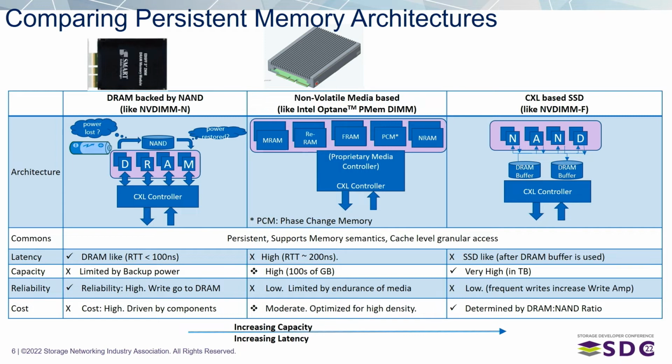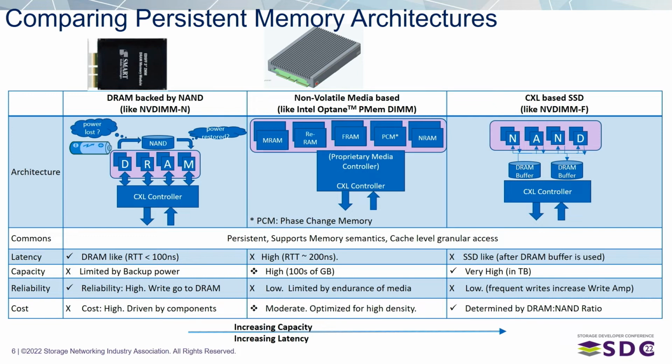All are persistent. They all support memory semantics. The NVDIMMs definitely support memory semantics of load and store. We have seen Optane-based DIMMs support that. And even CXL-based SSDs will support that because they are using the CXL.mem protocol to talk to the front-end bus. They all give you cache-level granular access.